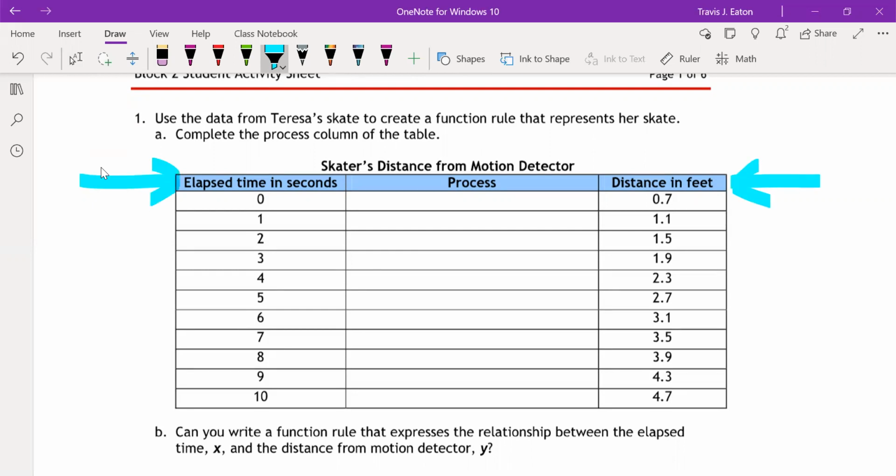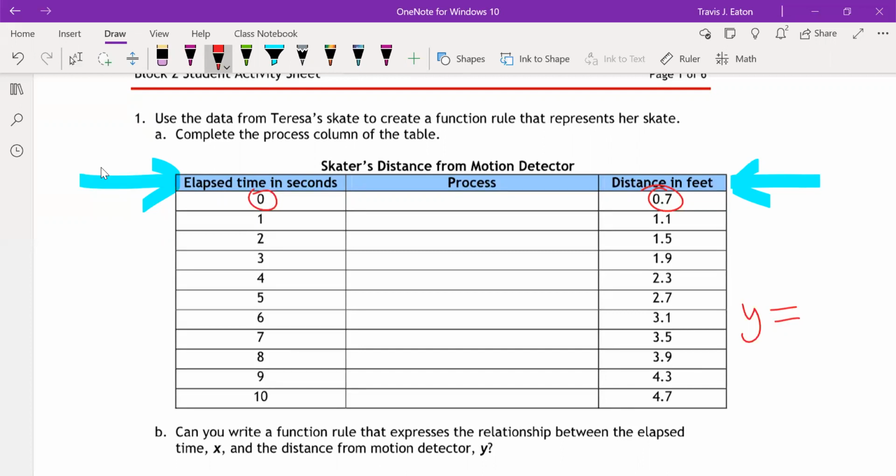So what we want to do is create a function rule that of course begins with the y equals scenario, just like we've been doing in our entry tasks. By going through here, we could decide, how do we get from 0 to 0.7 distance in feet?